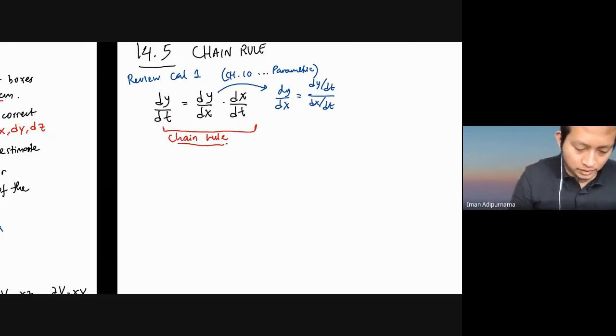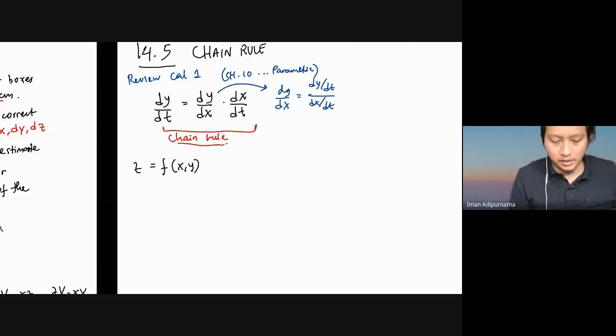But we are finding this, or we develop this formula with our knowledge of the chain rule, right? But now in our case, we have at least two variables like this, in which we can also input our parametric inside x and y like that.